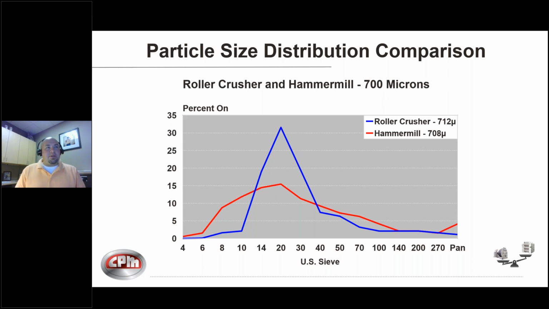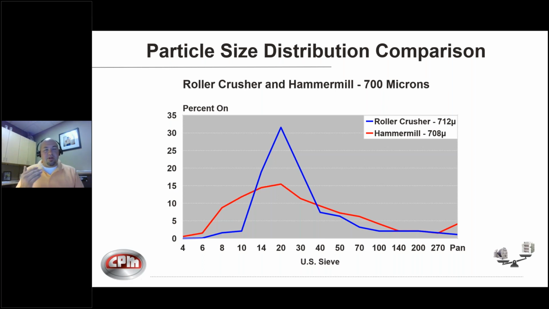Both are approximately 700 microns in mean particle diameter, but looking at the graphs, they are vastly different grinds. The roller mill or roll crusher is going to have most of the material concentrated in this 10 to 40 mesh range, whereas the hammer mill is just kind of everywhere.